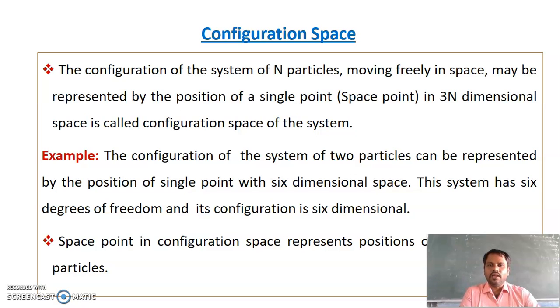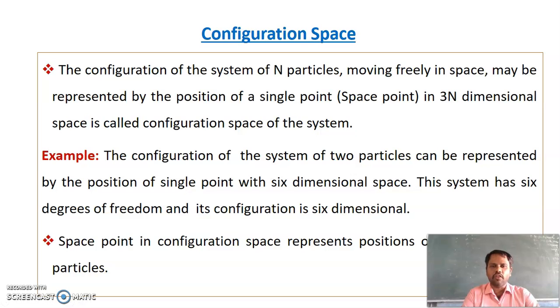Likewise, the configuration of a system of n particles moving freely in space may be represented by the position of a single point in 3n dimensional space, which is called the configuration space of a system.